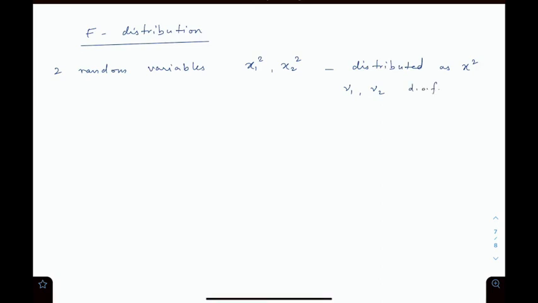Now we define a new random variable as a ratio of the two reduced chi-squares. So it will be chi1 square by nu1 divided by chi2 square by nu2.